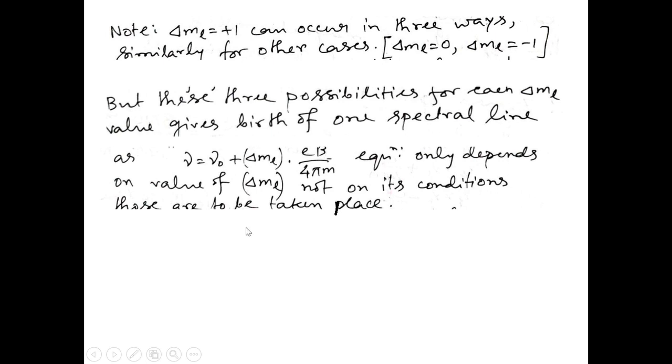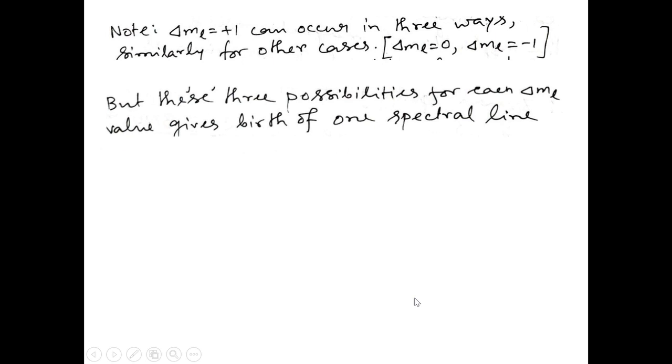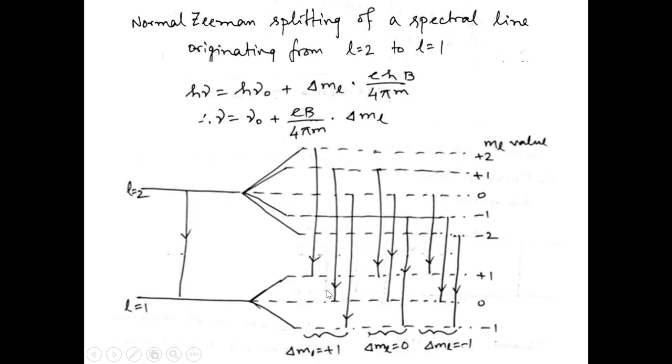So one spectral line is generated for each delta ml, and the change in energy state from L equal to 2 to L equal to 1 gives birth to three spectral lines. Remember, not 9 lines. Again, if we go back to the previous diagram, the single line gives birth to three lines in the presence of a magnetic field.